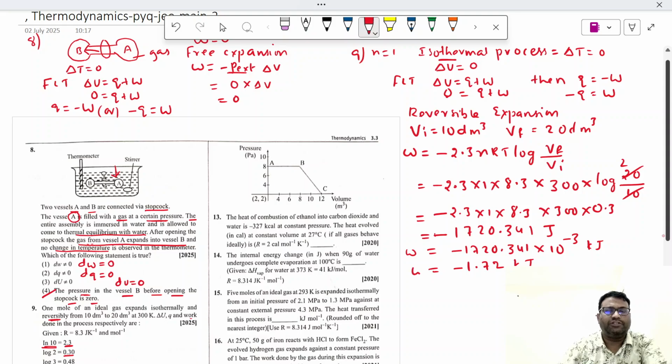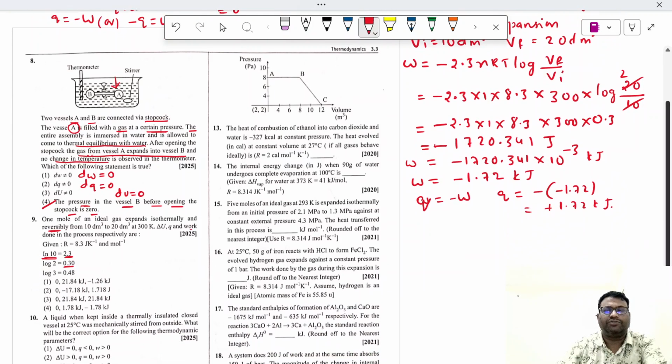So work done is minus 1.72, and we know that Q is equal to minus W. So Q is equal to minus of minus 1.72, and that is equal to plus 1.72 kilojoules, right? Understood?